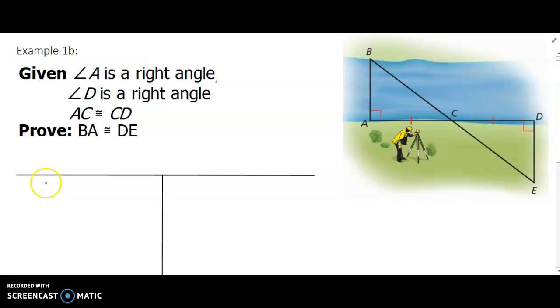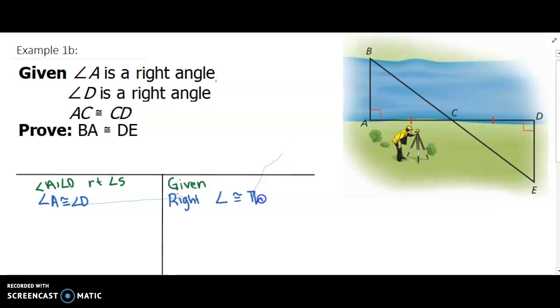All right, so we're given that angle A and angle D are right angles. Okay, so that's given. So what do we know about all right angles? Well, hopefully we know by now that all right angles are congruent, so angle A is congruent to angle D. And we have a theorem, it's called the right angle congruence theorem, that tells us all right angles are congruent.